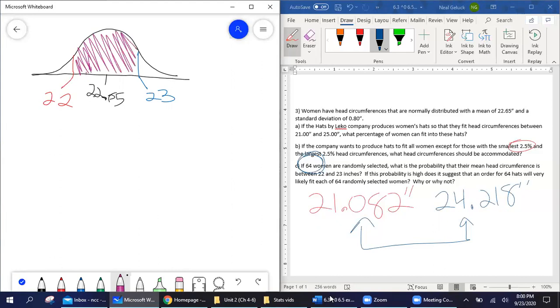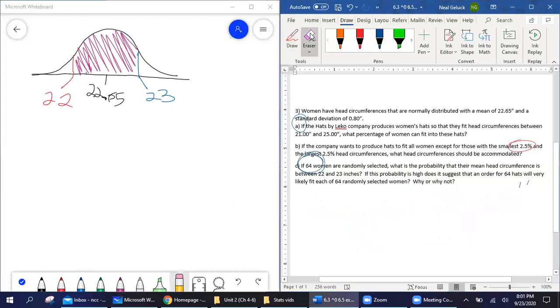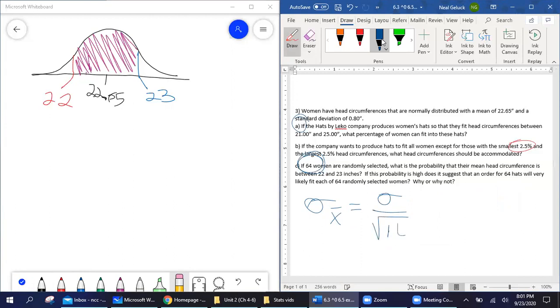So just like we've done on previous parts, in particular we did on part A, we're going to convert these to Z-scores. But my standard deviation changes because, again, when I'm dealing with a group, my standard deviation of the sample means is the normal standard deviation divided by the square root of the sample size, n.